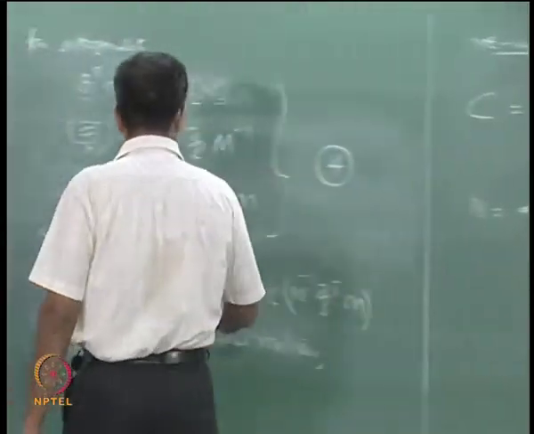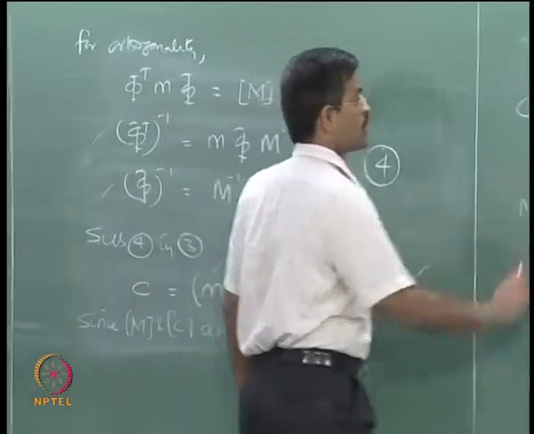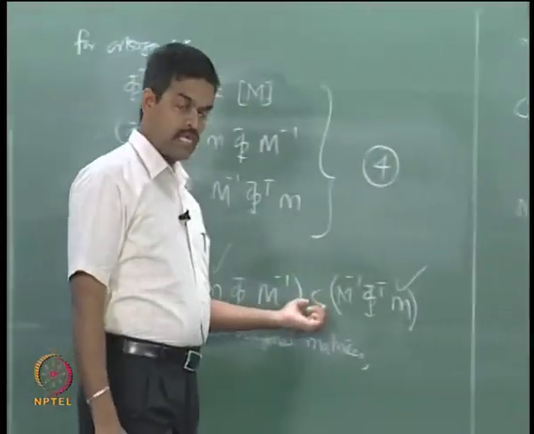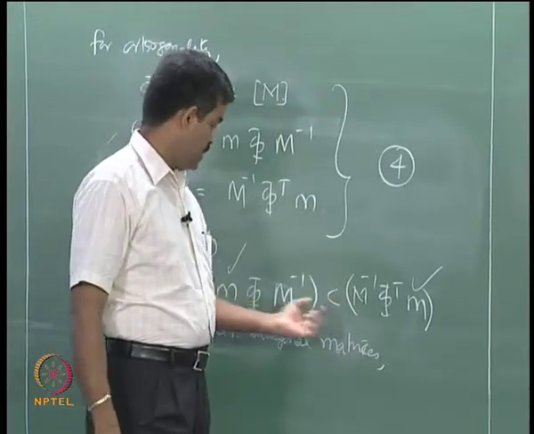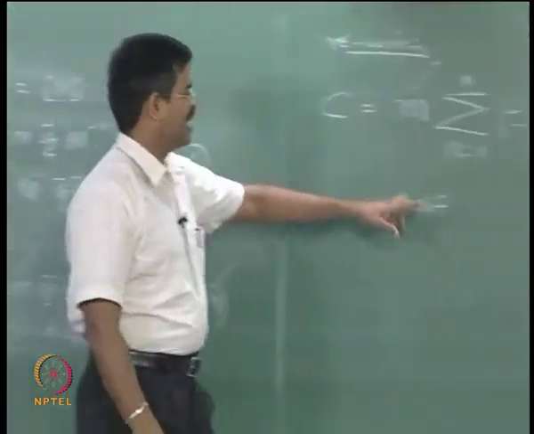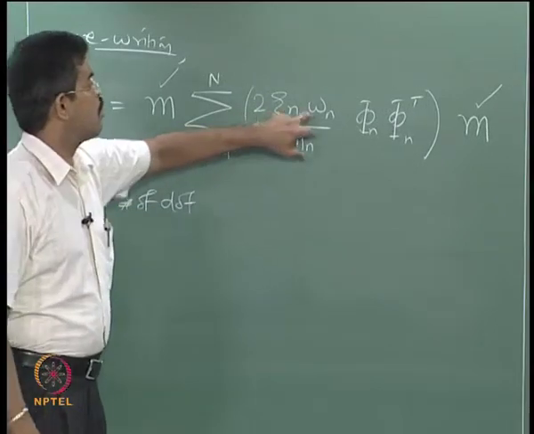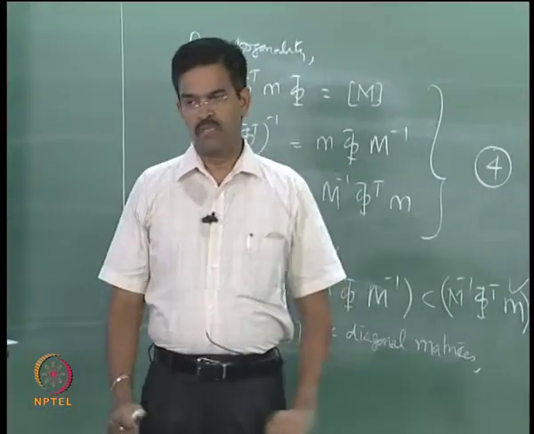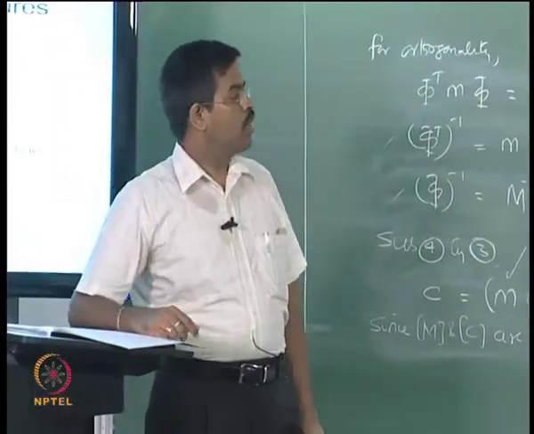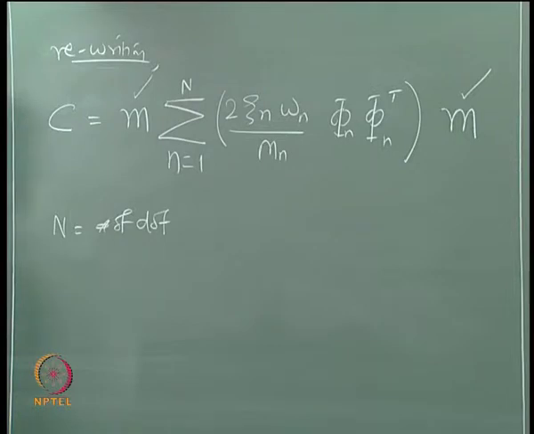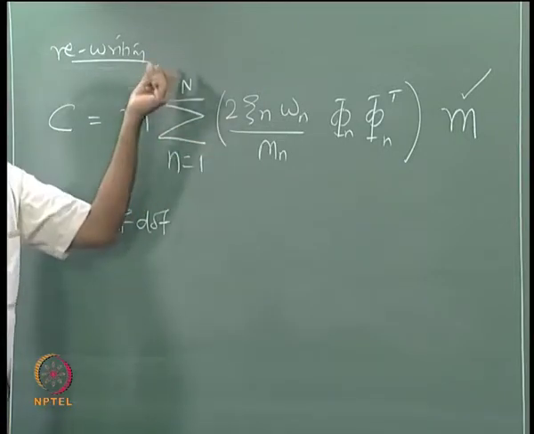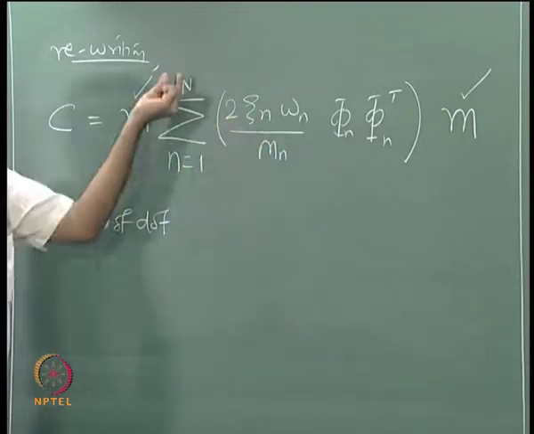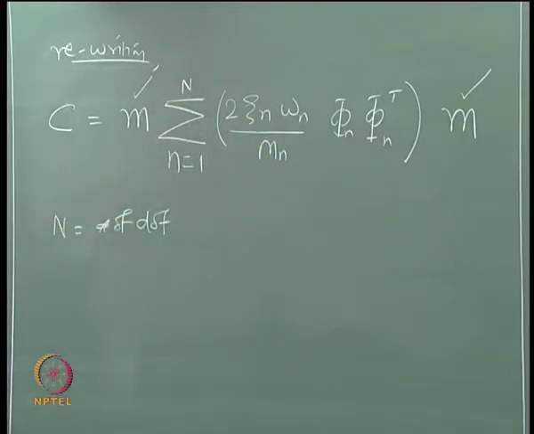The m here and the m here are what I have here and here, and C I said is 2 zeta omega m; there is m square in the denominator, so I got that m in here, 2 zeta omega n m. So I have everything with me and can easily find the C matrix for all the nth degrees. This is what I call damping superposition. I am superposing, for every damping ratio, the respective frequency from the nth degree.